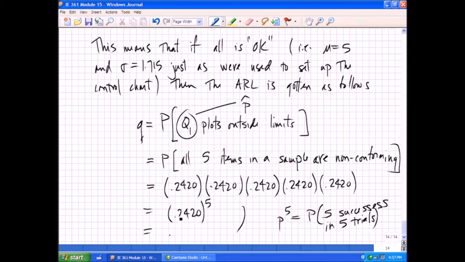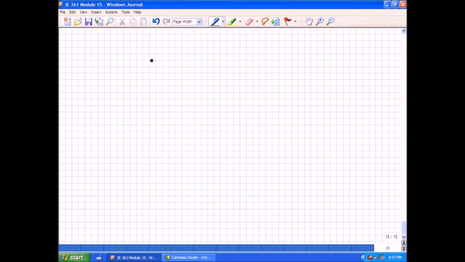That is 0.00083, and that means that as we've set this thing up, the average run length for this example, if everything is as we thought it was when we made the control limits, is 1 over 0.00083.